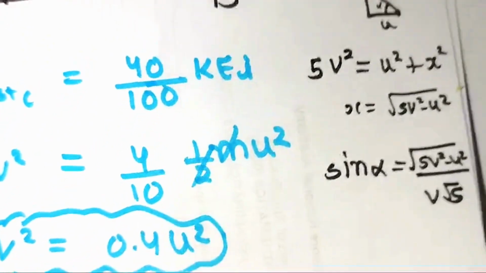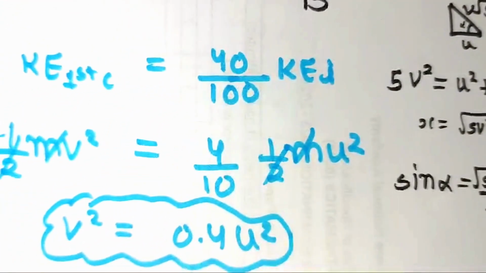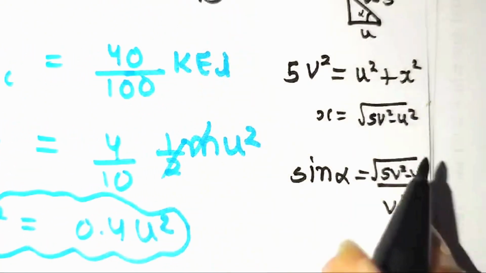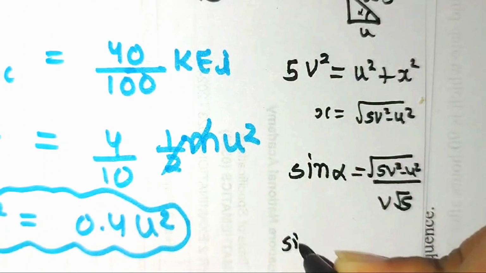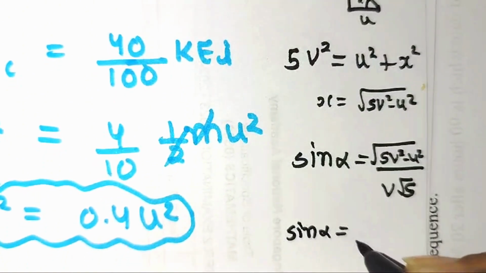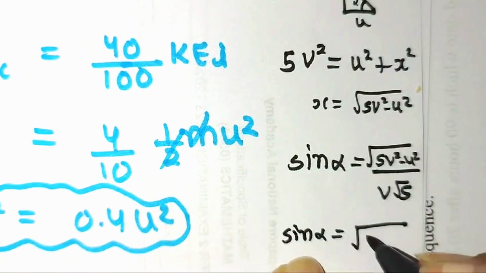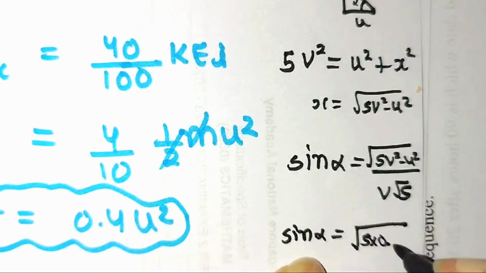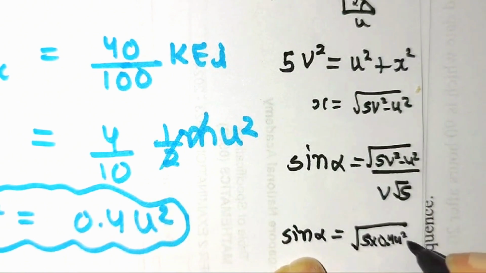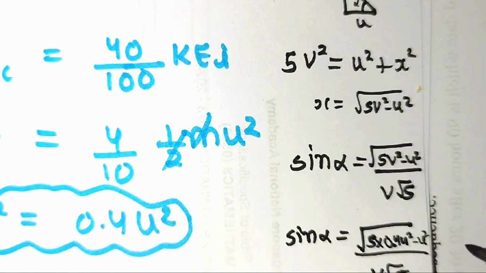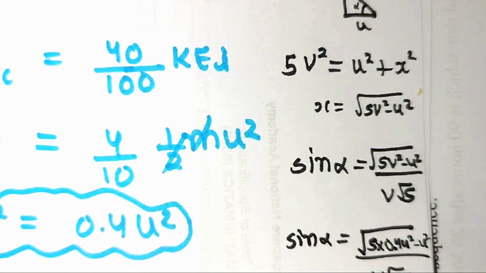But remember the relationship we drew previously, that v square is 0.4 u square. So we can replace it here. Sine alpha, v square is, just put that here, root of 5 times 0.4 u square minus u square divided by v root 5. Is that a root 5? Yes, okay.